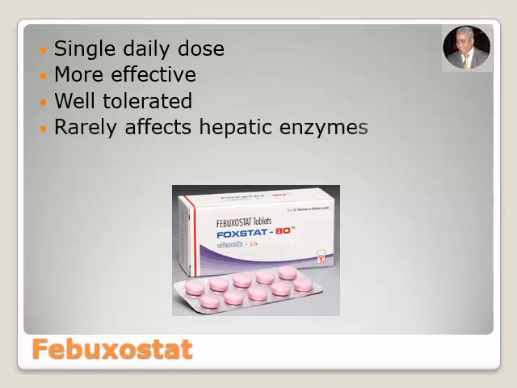It rarely increases hepatic enzymes. However, post-marketing reports showed that it increases cardiovascular events. This limits its use, since hyperuricemia is usually a part of the metabolic syndrome, in which hypertension is the major player.